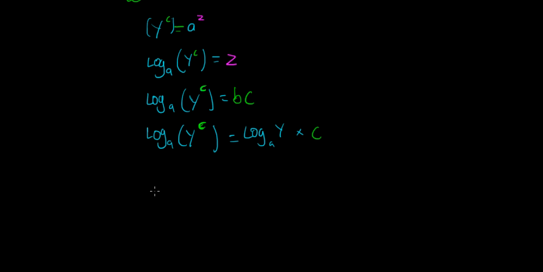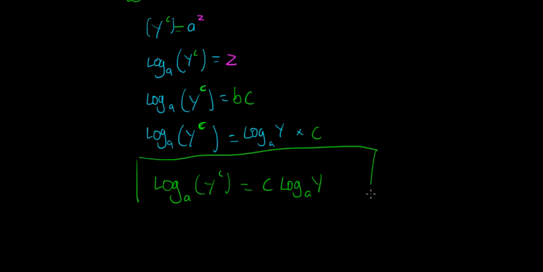Log to the base a of y raised to the c is, instead of writing this, we can just write this as c log base a of y. And this right here is our beautiful formula that we learned in the previous video. All we did was just drop the c down here, and that's what this turns into.